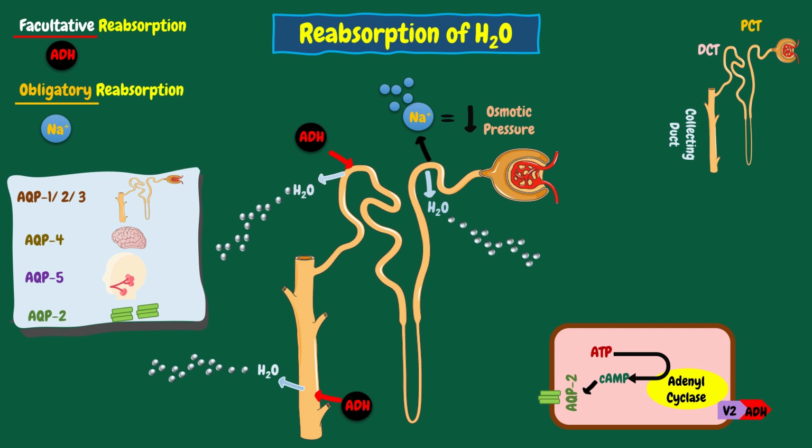Let's make a comparison of responses to water intake and responses to water deprivation. In case of responses to water deprivation: increased plasma osmolarity stimulates osmoreceptors in the anterior hypothalamus, increases secretion of antidiuretic hormone from the posterior pituitary, increases water permeability of the late distal tubule and collecting duct, increases water reabsorption, increases urine osmolarity, and decreases urine volume.